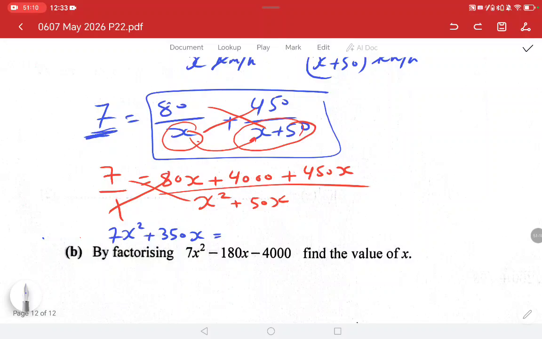Let's collect like terms. This one plus this one, so it will be 530x plus 4,000.